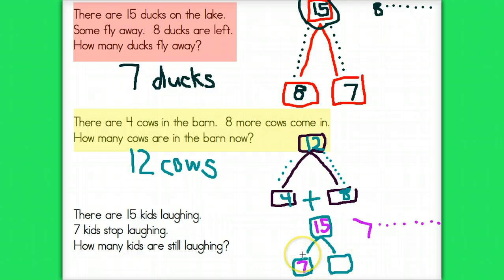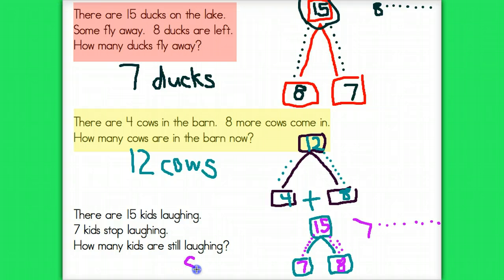Or I could draw little stones here. 1, 2, 3, 4, 5, 6, 7, 8, 9, 10, 11, 12, 13, 14, 15. And I could count this many to see how many I have. 1, 2, 3, 4, 5, 6, 7, 8. So I know that 8 kids are still laughing.